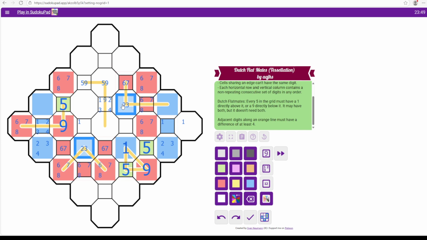Now, I guess it'd be worth noting this is the only place 9 could go in this column if it was in this column.